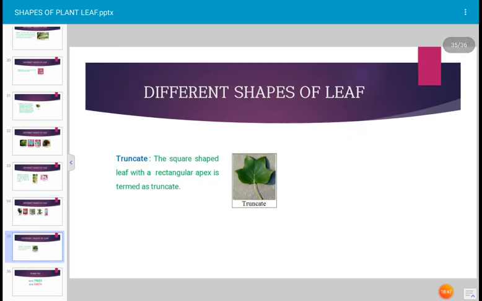This is one more beautiful shape of leaf, that is truncate shape of leaf. The square shaped leaf with a rectangular apex is termed as truncate, and the photograph is shown in the slide. It is a beautiful shape, and such shape is described as truncate shape of leaf.